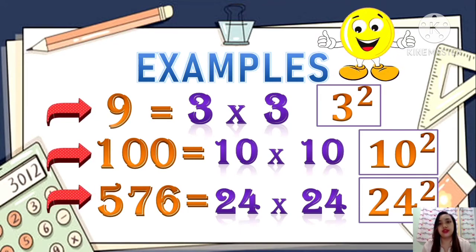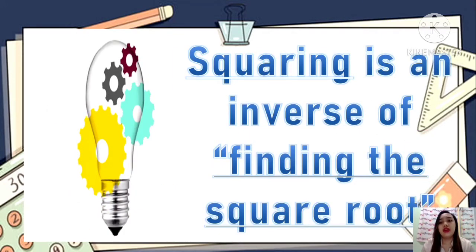Yes, of course. Now, squaring is the inverse of finding the square root. Kapag nag-i-square tayo ng isang number, minumultiply niya yung sarili niya sa sarili niya. Kanina, yung ginawa natin, ganon ang squaring. But what will be the inverse of squaring? Kapag dinireverse mo ang squaring, that is finding the square root.